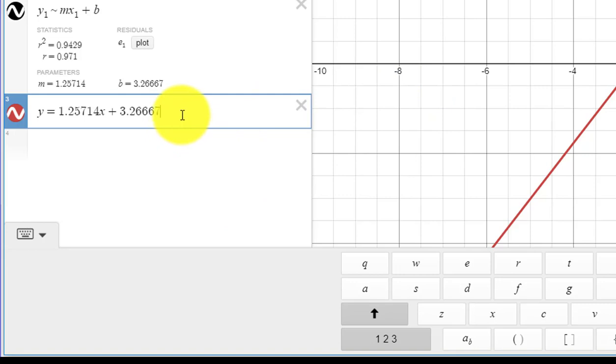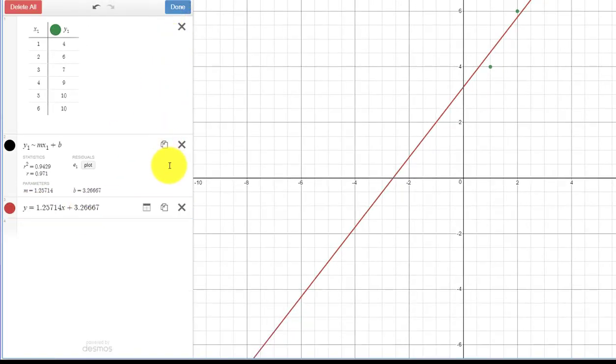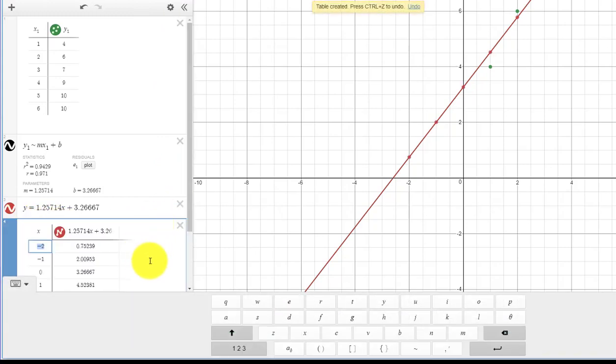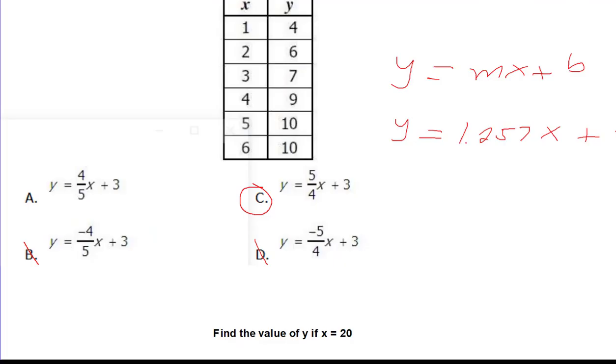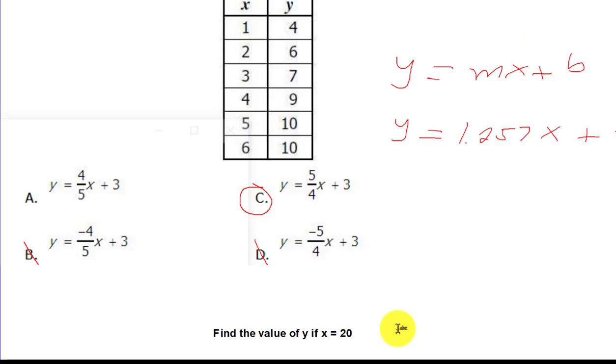Okay, and then from here we can copy this equation, convert this into a table, and then since we are solving for y if x equals 20, the y is equal to 28.41.